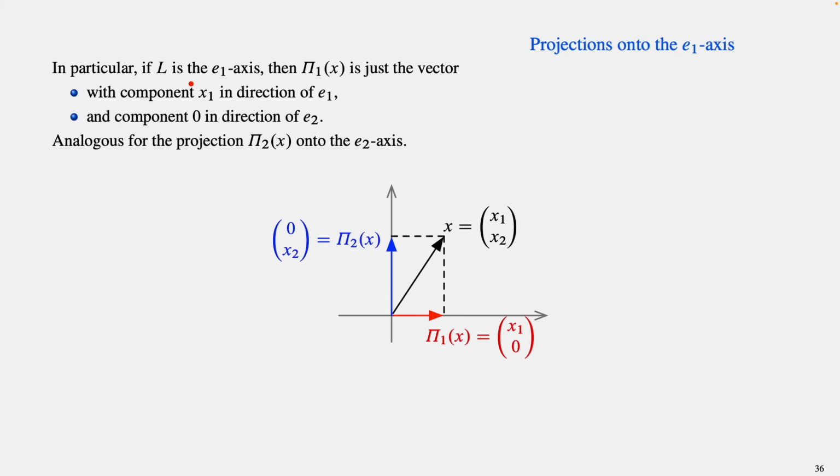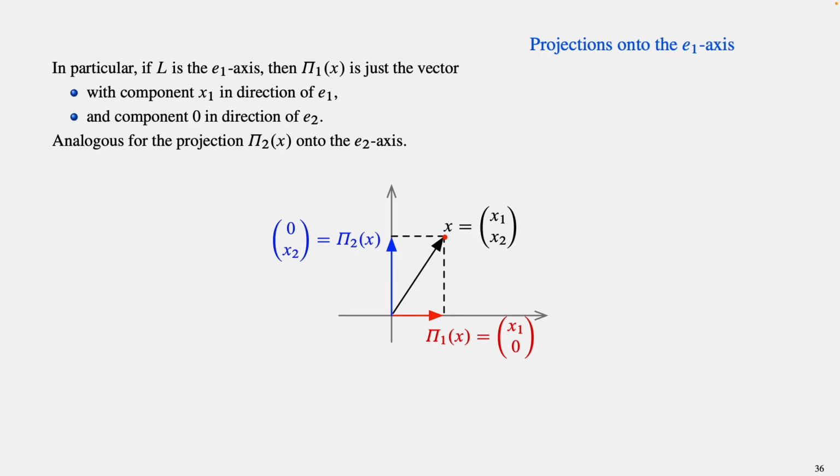And again, let's look at the simple special cases where we project on the coordinate axis. So if we project on the first coordinate axis here, we simply throw away the second coordinate, if you like. So a general vector x has coordinates x1, x2. Projecting it onto the first coordinate axis means just mapping it to the vector x1, 0.